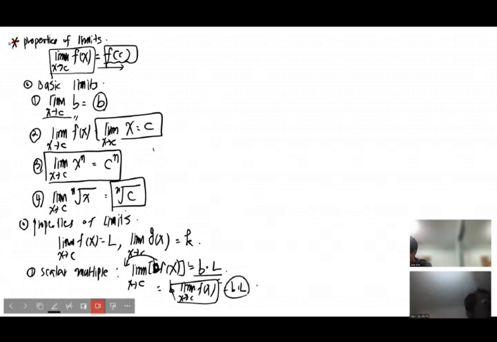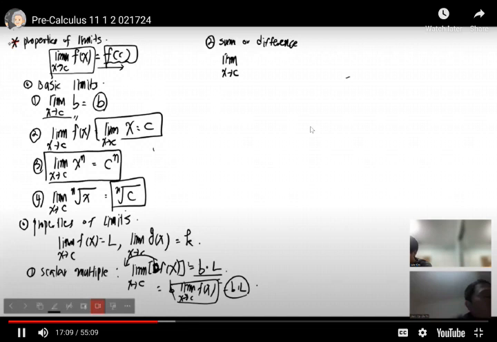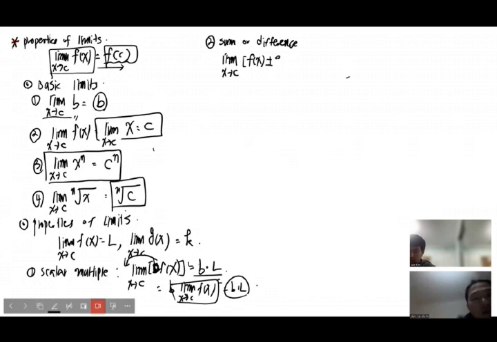Next, number 2, sum or difference. If the function inside the limit is f(x) and g(x), then this limit can be applied to f(x) and g(x) separately.